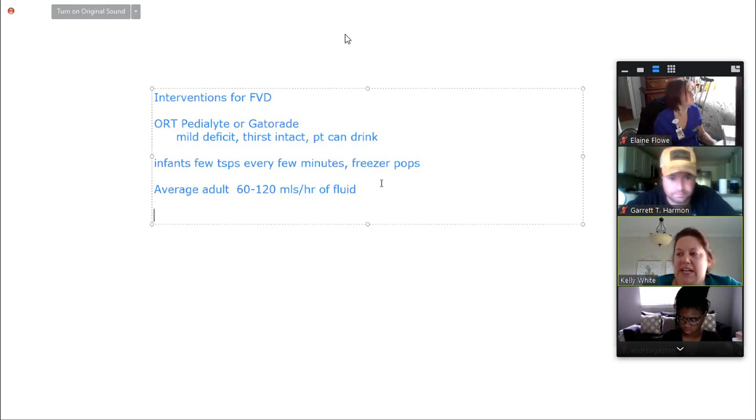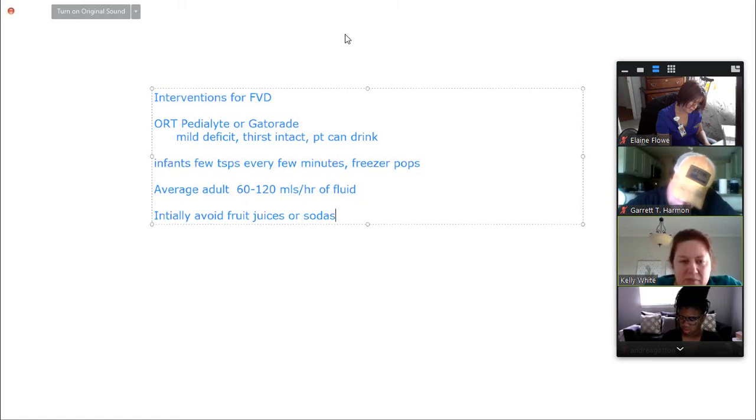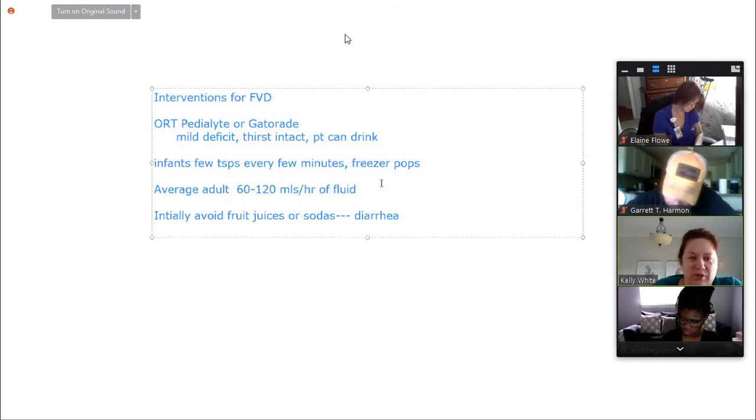With any age, you initially want to avoid any kind of sugary drinks, like fruit juices or sodas as their fluid replacement, because these tend to have a very high sugar content, and taking in all those excess sugars is going to increase diarrhea. So you don't want to give them those apple juices or grape juices.